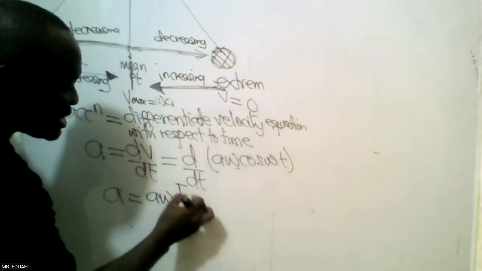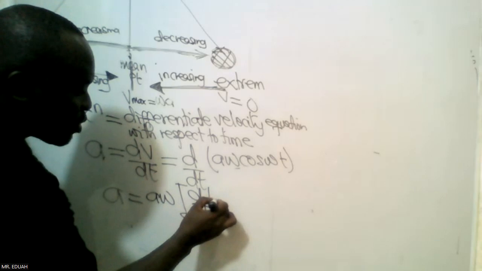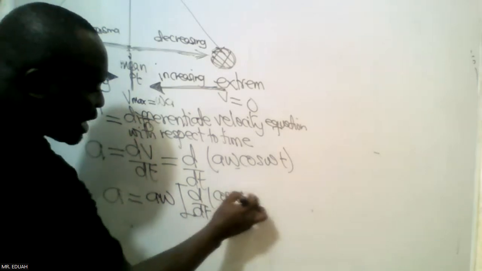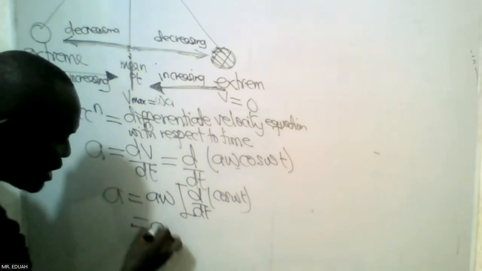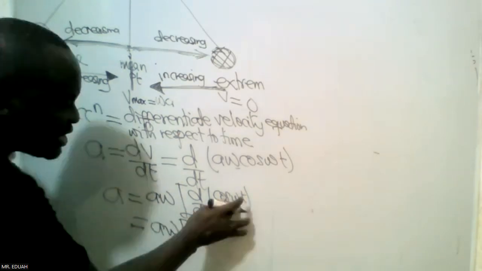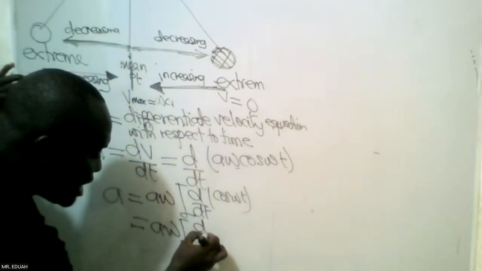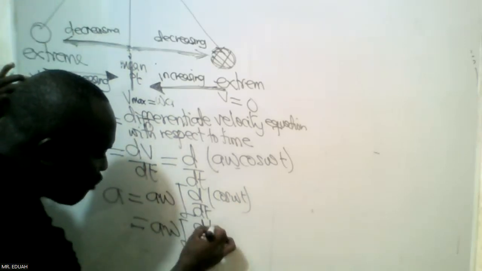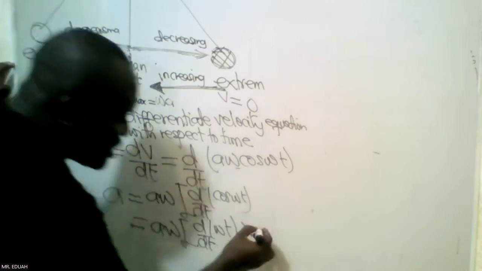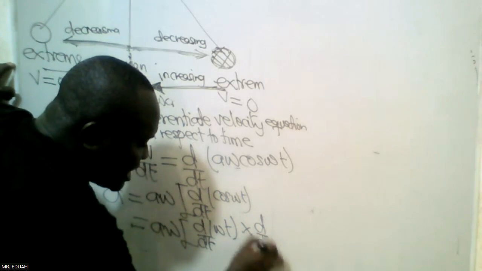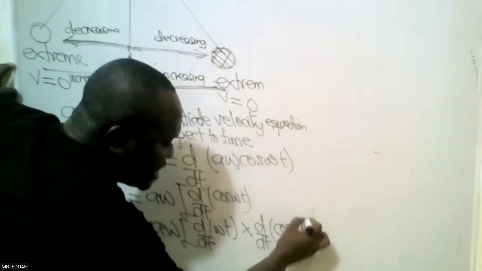So we differentiate d/dt of cos omega t, and this is equal to a omega times d/dt of omega t, the daughter function, times the differential of the mother function, which is d/dt of cos omega t.